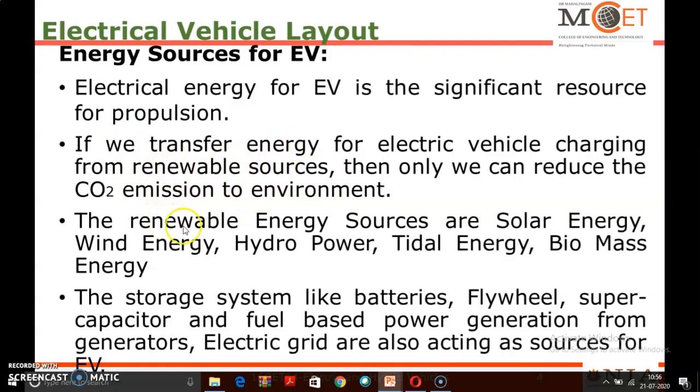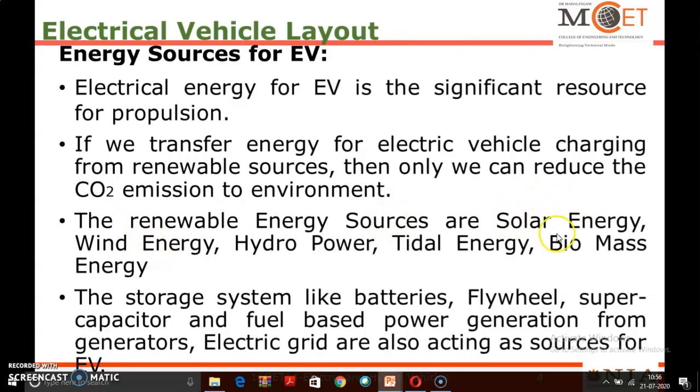The available forms of renewable energy sources are solar and wind. These two, solar and wind, are the primary energy sources among renewable energy sources.